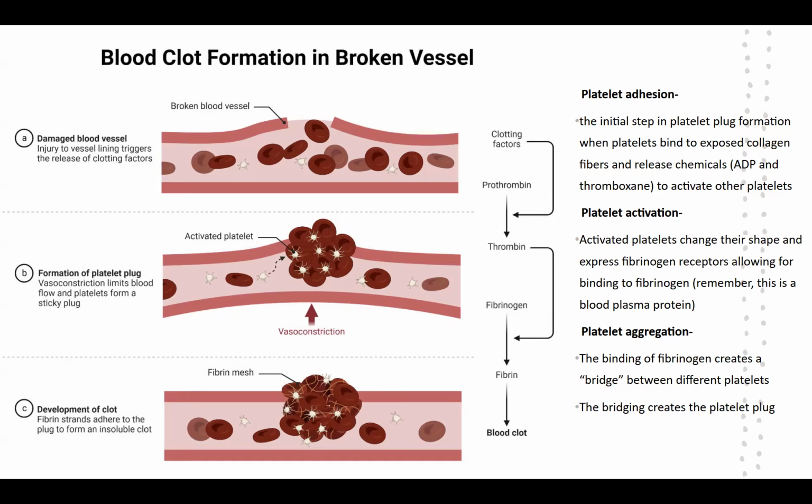Once that happens, the platelet plug will start forming. There's a nice little layer of a hormone or chemical called prostacyclin. What prostacyclin does is prevent your platelets from clumping together. In normal day-to-day life, you don't want blood clots.